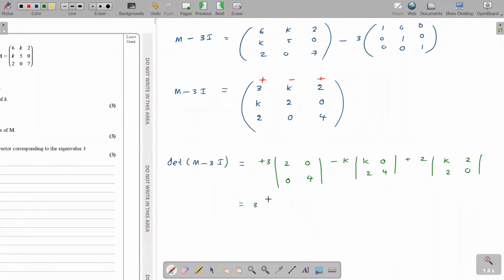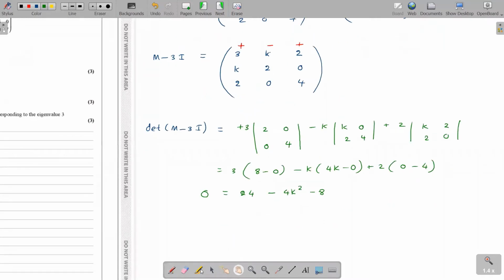So we get here plus 3 times, 2 times 4 is 8, minus 0 into 0 is 0, minus k times, k into 4 is 4k, minus 2 into 0 is 0, plus 2 times, k into 0 is 0, minus 2 into 2 is 4. Are you with me? So I get here 24, minus k into 4k is 4k squared, 2 into minus 4 is minus 8. Determinant is equal to 0.